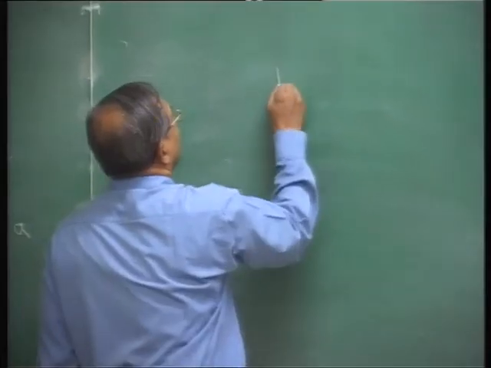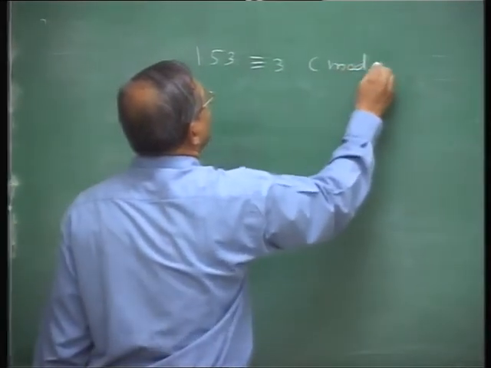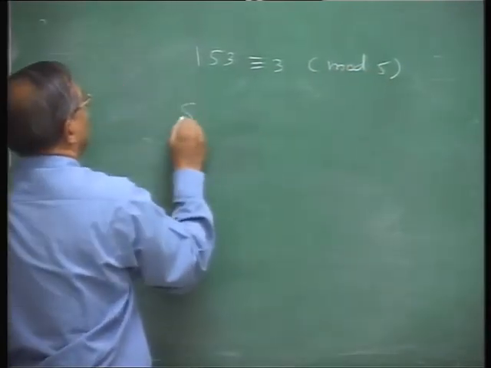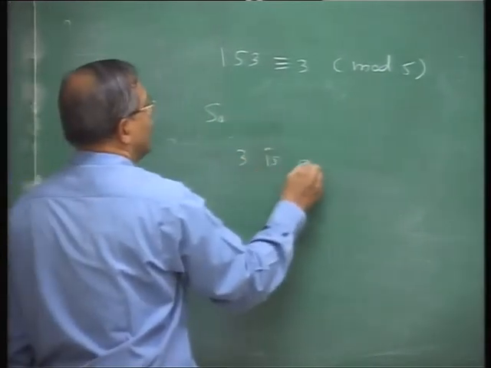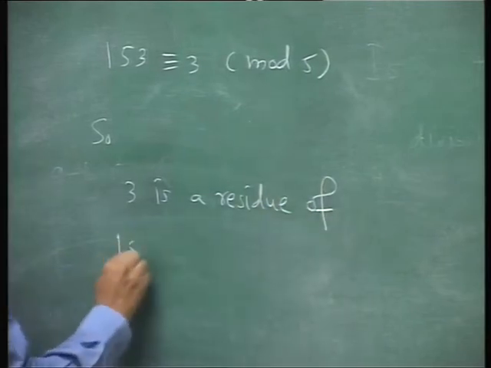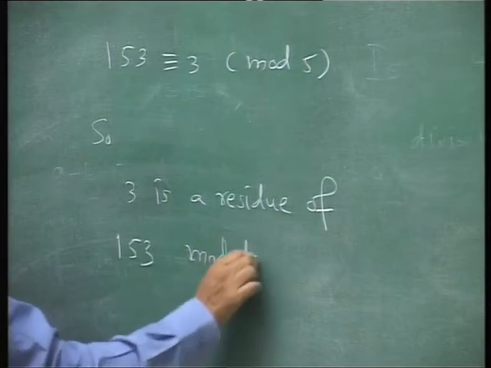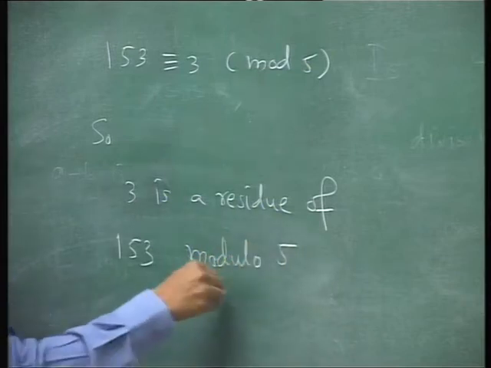So we can say 153 is congruent to 3 mod 5. So 3 is a residue of 153 modulo 5, or we just say mod 5.